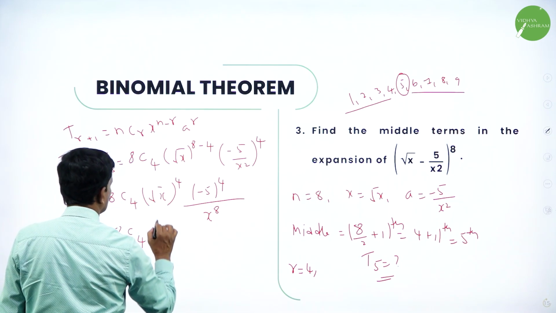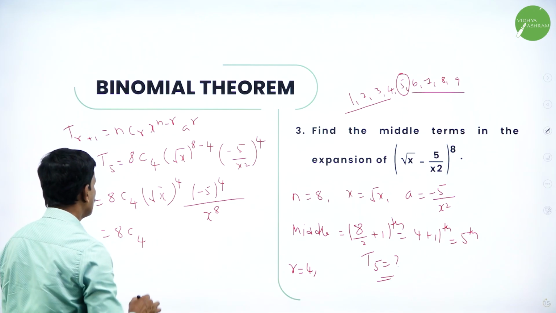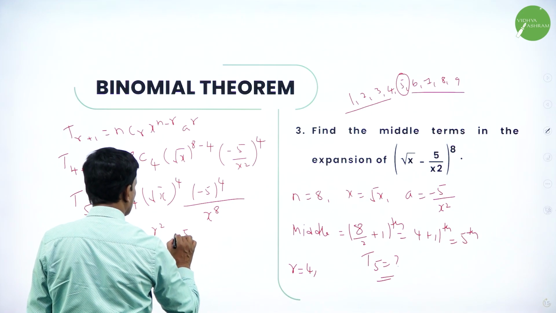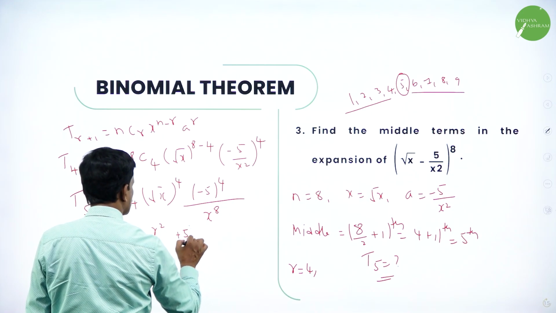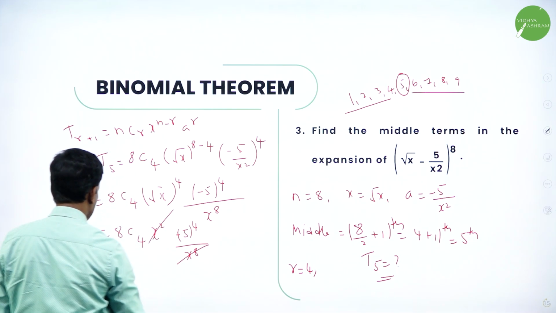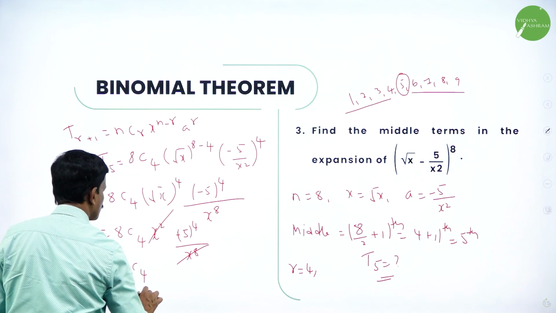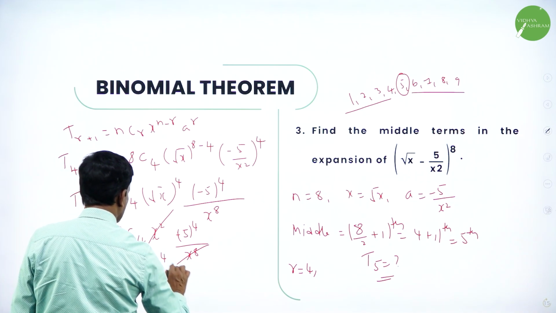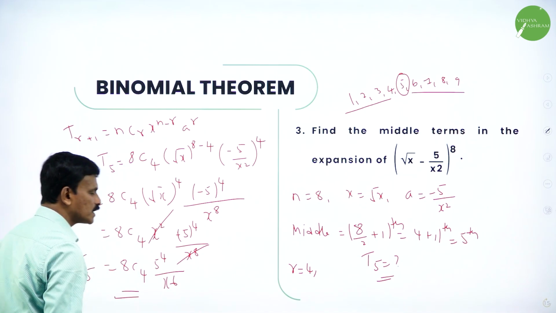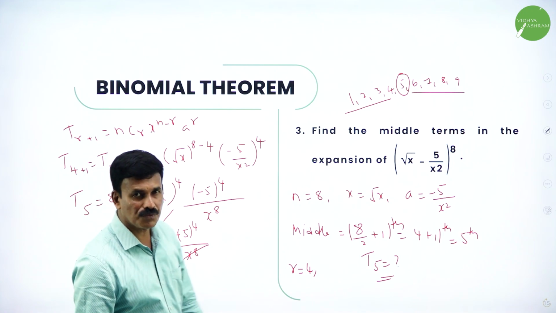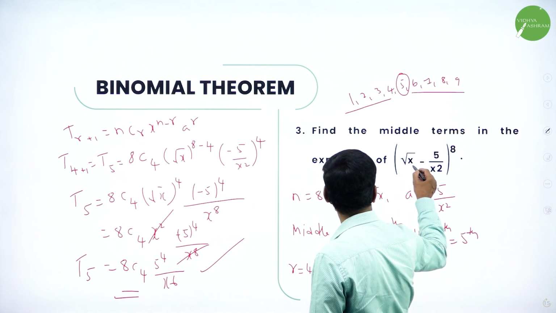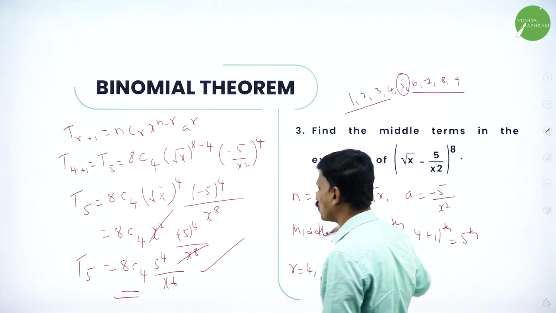This is 8C4, root x is nothing but x to the power of 1 by 2, 4 by 2 is 2, x square, into minus 5 to the power of 4 is nothing but plus 5 raised to 4 itself, divided by x power 8. x square and x power 8, after cancelling, gives 8C4 into 5 to the power of 4 divided by x power 6, the fifth term, that is the middle term. So 8C4 5 to the power of 4 divided by x to the power of 6 is the middle term in the expansion of (root x minus 5 by x square) whole raised to 8.